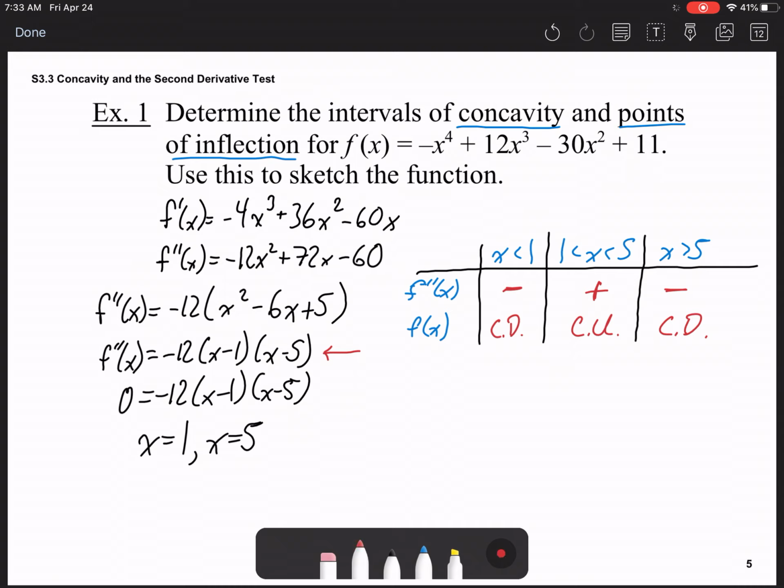So that means I've got to substitute the values 1 and 5 into our original function. I'll use a calculator to do so. Work that out.